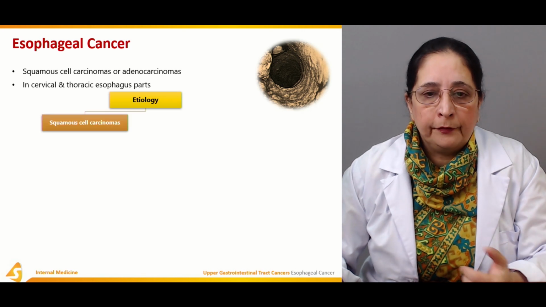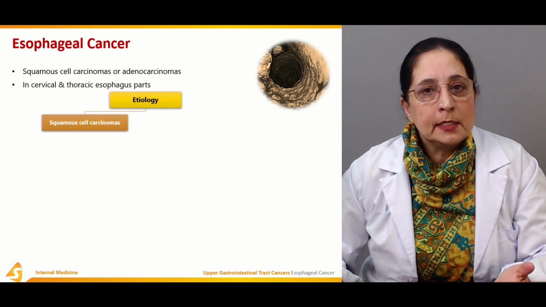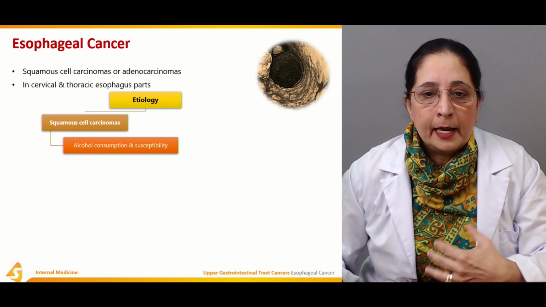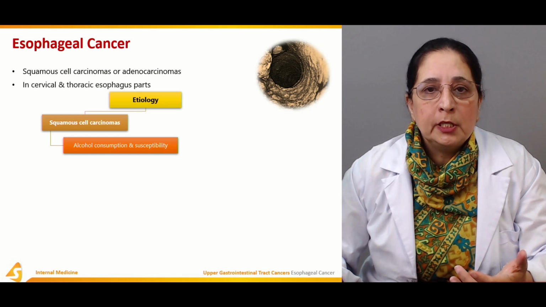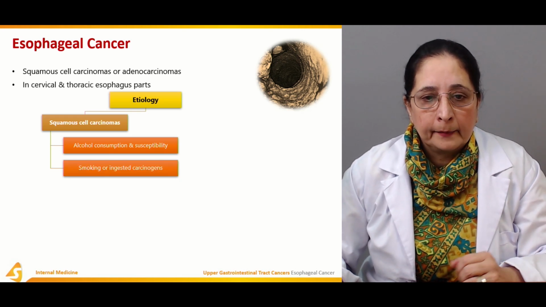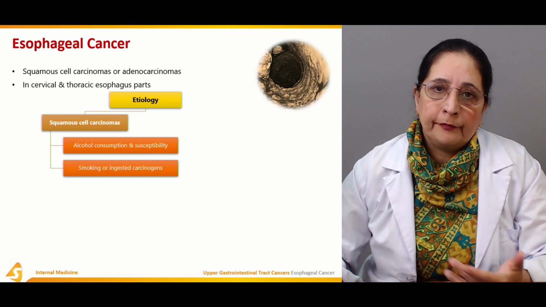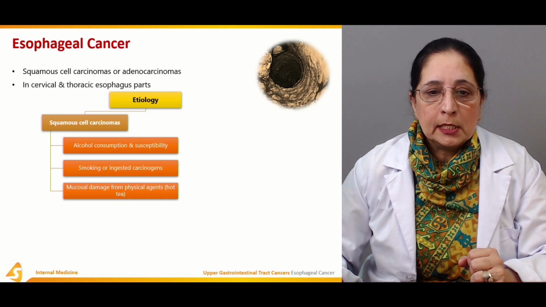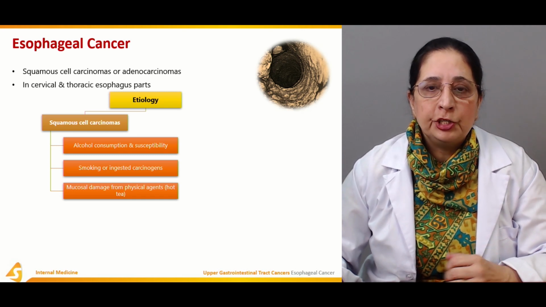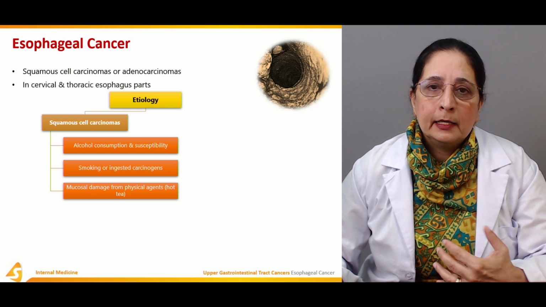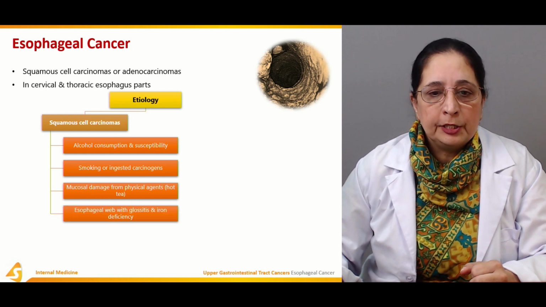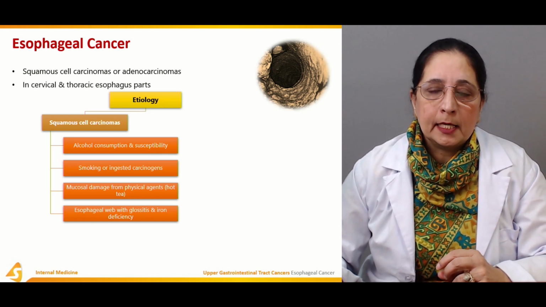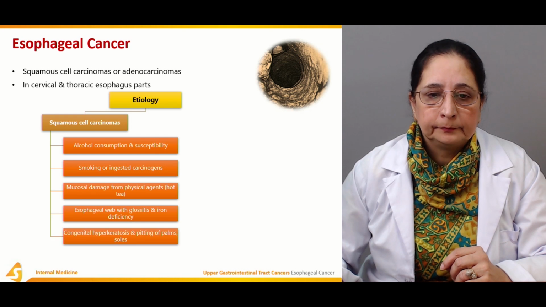Causes of esophageal cancer: squamous cell carcinoma is due to alcohol consumption and susceptibility to the development of cancer. Smoking or different carcinogens can cause cancer. Then we have mucosal damage from physical agents like hot tea, which can also lead to esophageal cancer, and esophageal web with glossitis and iron deficiency.